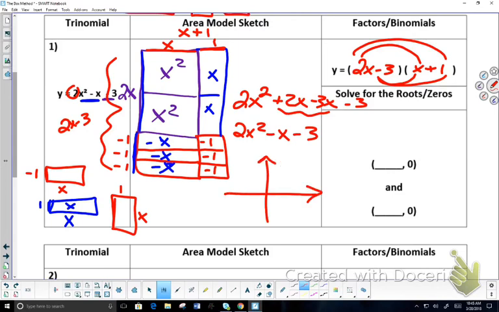What does y equal there? 0. That means I'm going to let this be 0. What times what gives you 0? If you multiply by 0. That means one of these things has to equal 0. So I will set them each equal to 0: 2x minus 3 equals 0, and x plus 1 equals 0. Write it down on your paper.